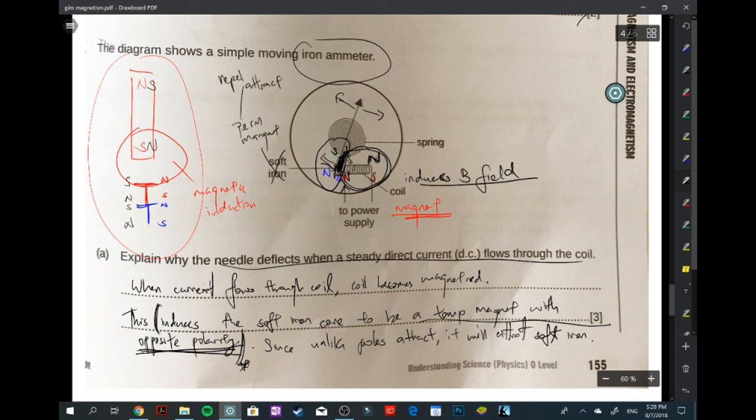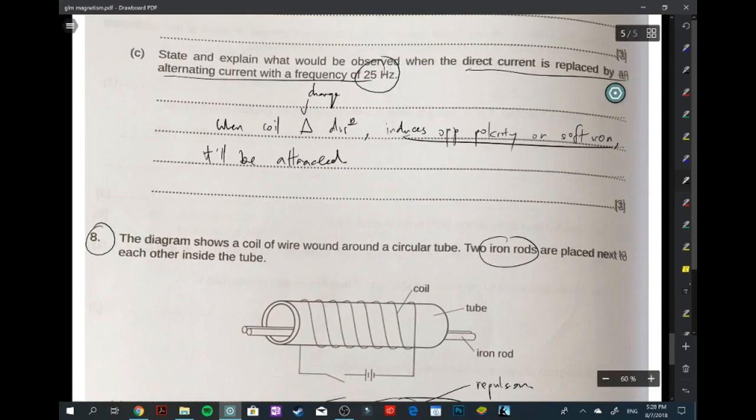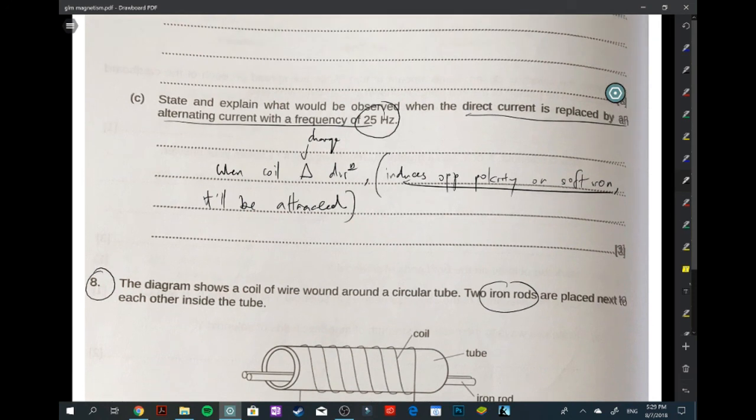However, in this case, this is a soft iron, and it follows this idea that opposite polarity is induced, so it will always be attracted.